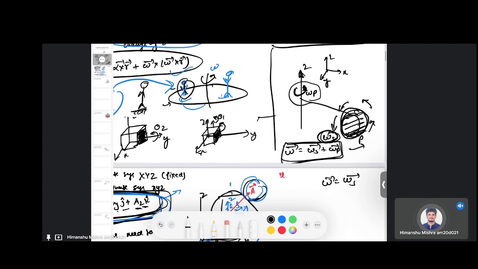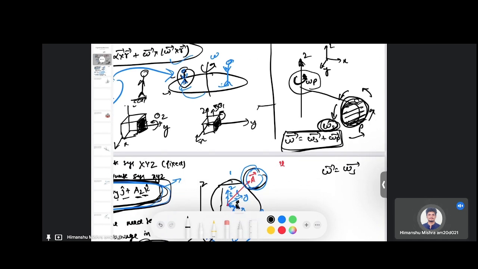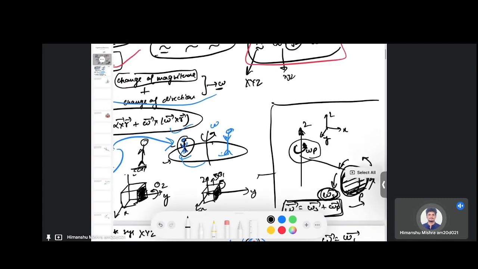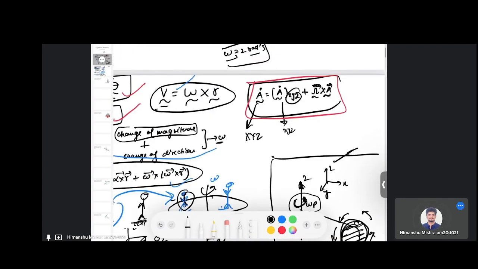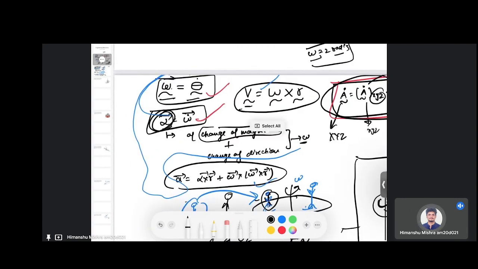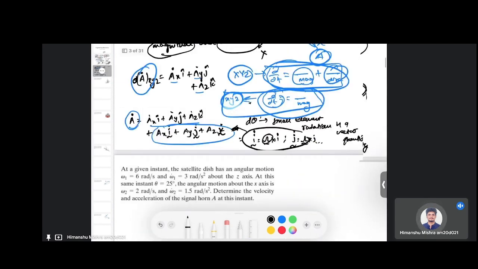And if you take the time derivative of this, you will get the angular acceleration. So these are the concepts, along with some basic formulas for linear and angular velocity and acceleration, that we are going to use here.